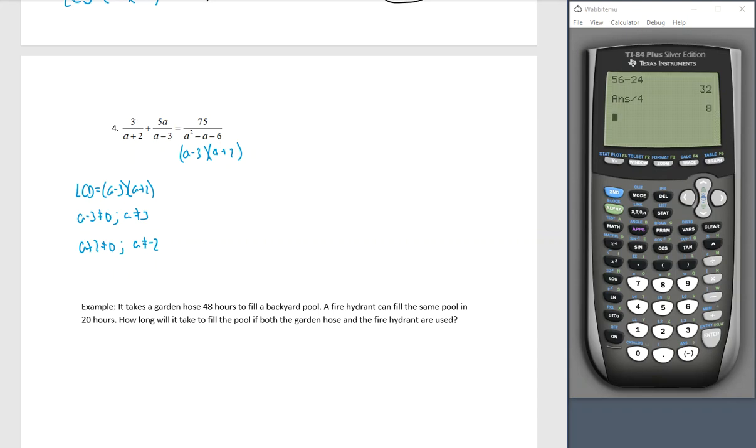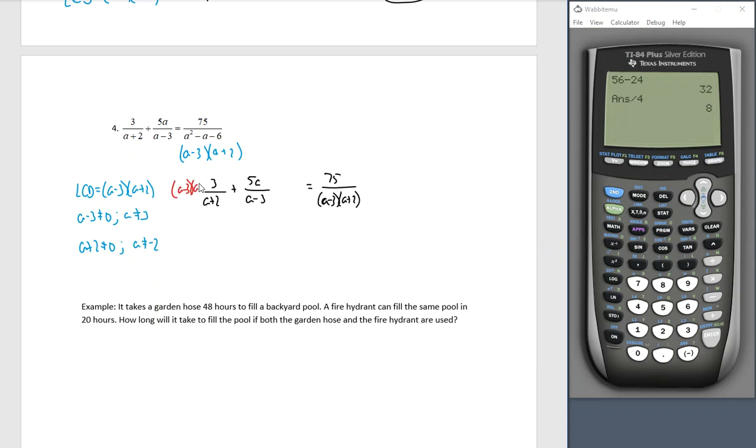Now, let's see if I can do this without being lazy. I'm going to have, I don't think I can. Okay, here we go. 3 over a plus 2 plus 5a over a minus 3 equals 75 over, and I'm going to write it in factored form just because it's easier to look at as I write what we're multiplying by.